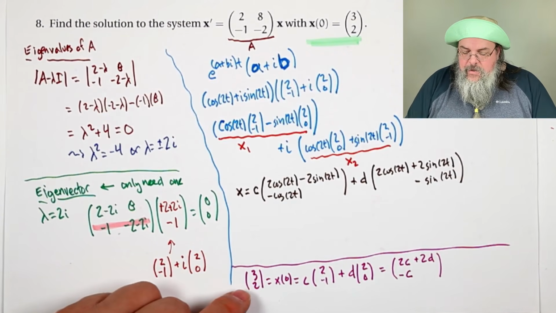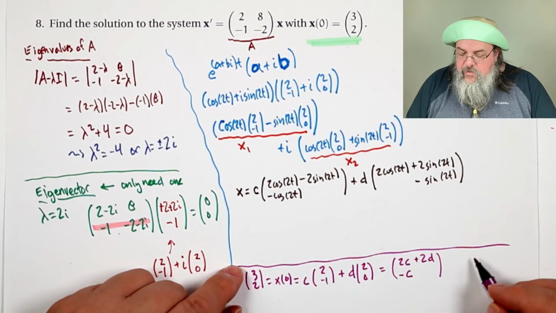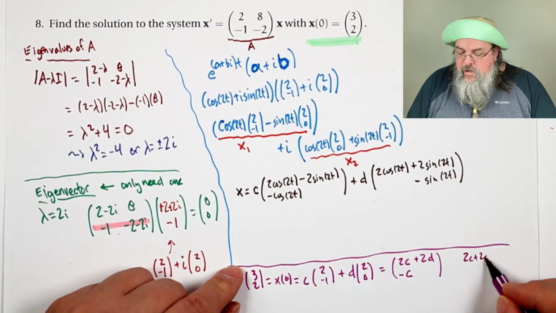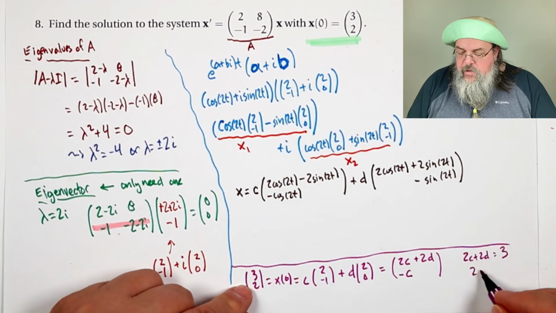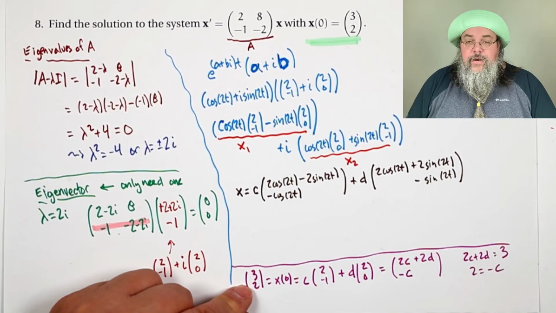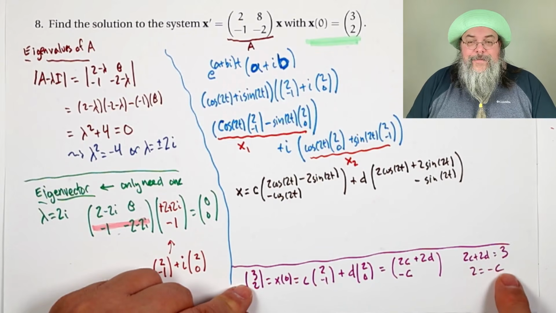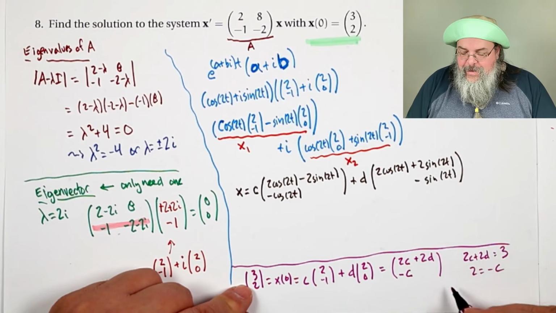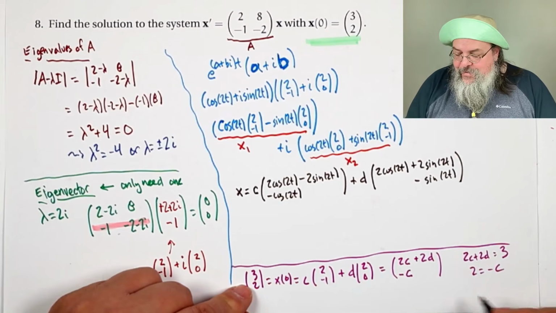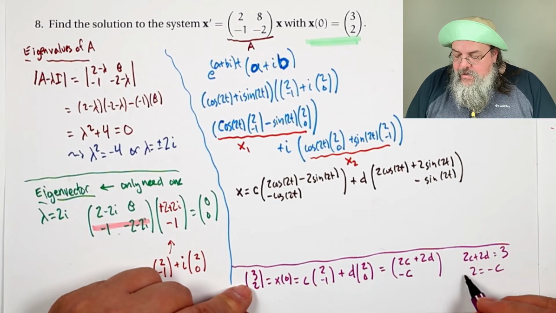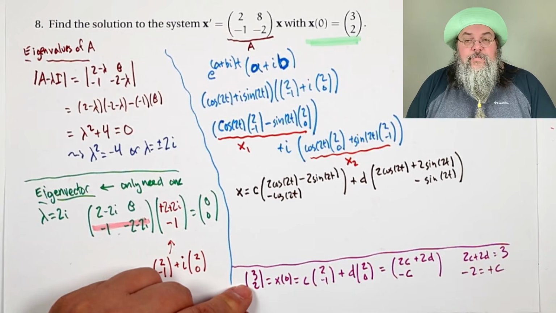Almost there. Well, we have a system of equations. We get that 2c plus 2d is equal to 3, and we get that 2 equals minus c. Well, I can solve for that equation pretty quickly, and we get that c is minus 2.